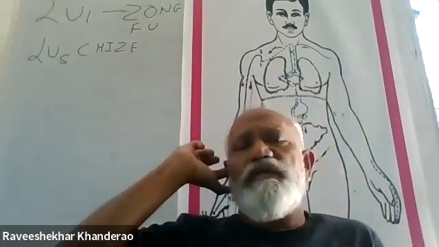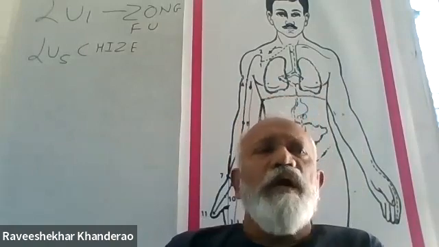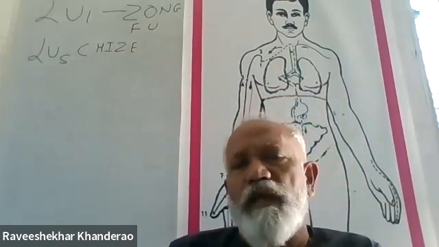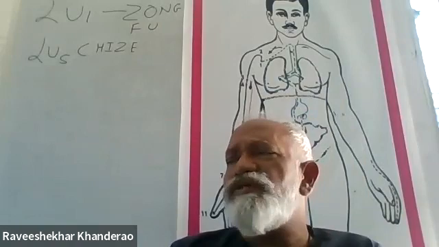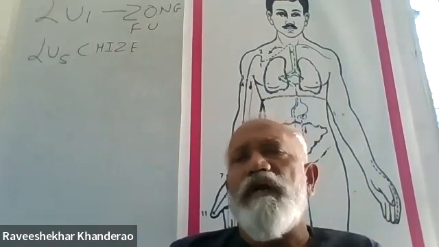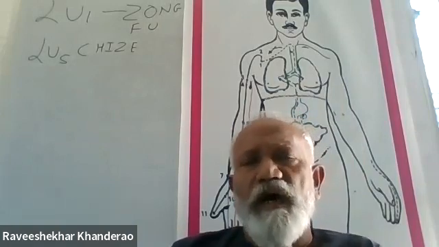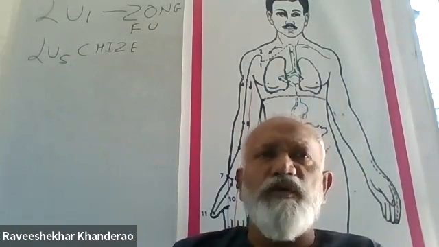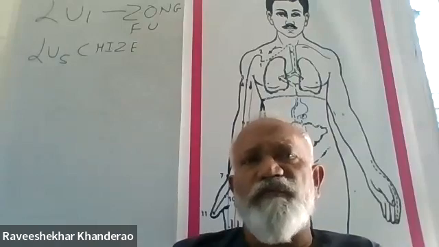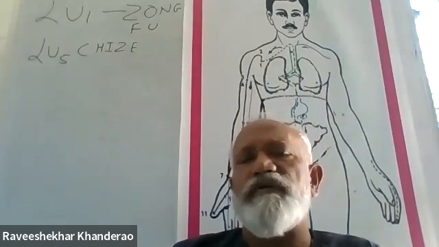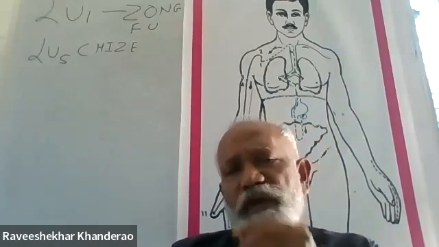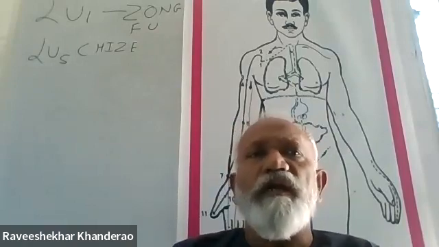Next point is Yuji, LU10. In case of a dripping nose, if you put this point along with DU 24-25 or 23-24, immediately the dripping of the nose will stop.